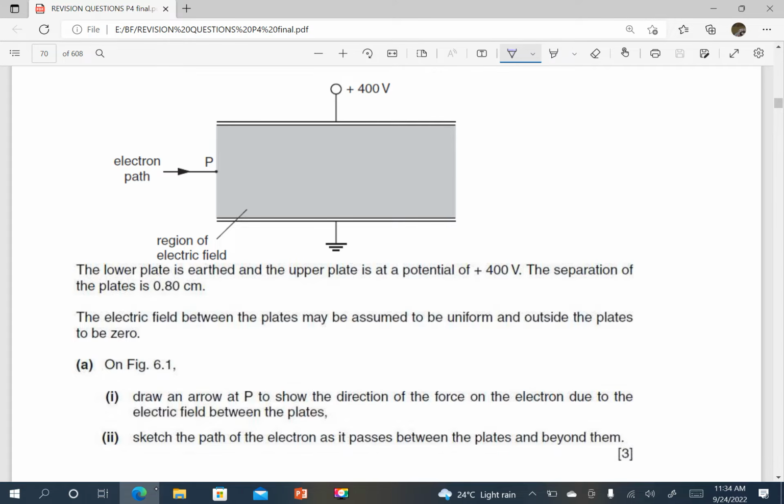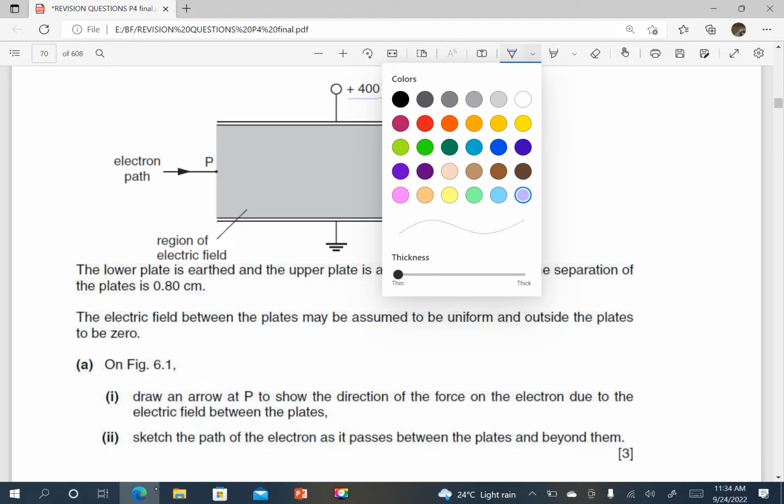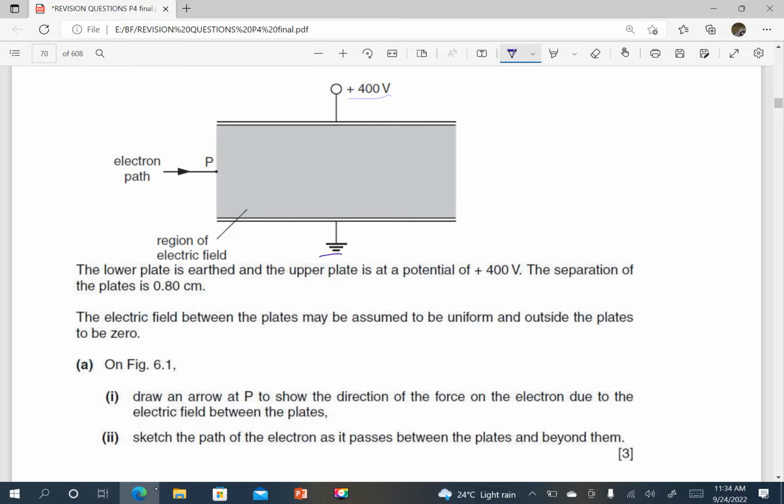The upper plate is at positive potential and the bottom plate is at zero potential because it is earthed. It is connected to the earth. The upper plate is at positive 400 volts. The electric field between the plates may be assumed to be uniform and outside the plates to be 0.